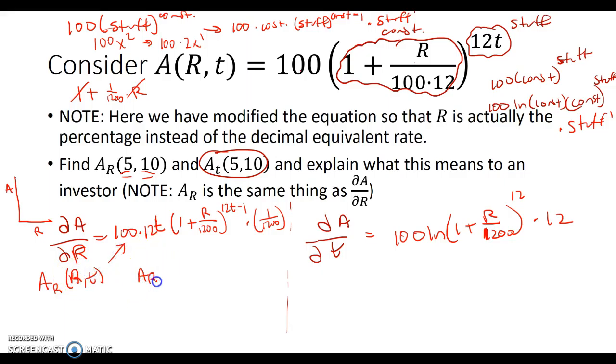So the derivative of a with respect to r at 5 and 10, now we can plug in our constants, will be 100 times 12t, which is 100 times 12 times 10, times 1 plus 5 over 1200 to the 12 times 10 minus 1. Well, 12 times 10 is 120, minus 1 is 119, times 1 over 1200.